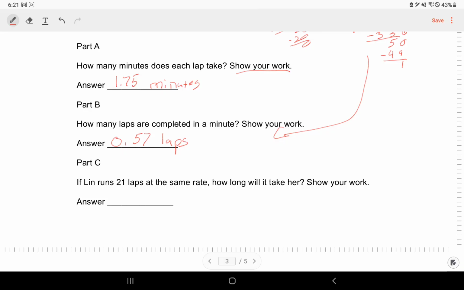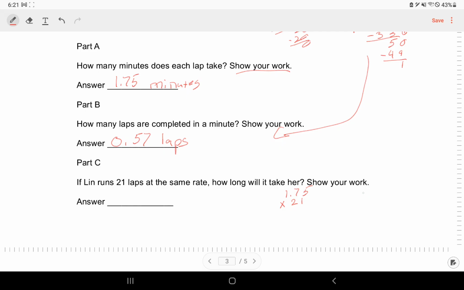If Lynn runs 21 laps at the same rate, how long will it take her? Well, we know that 1 lap takes 1.75 minutes. So, times 21.